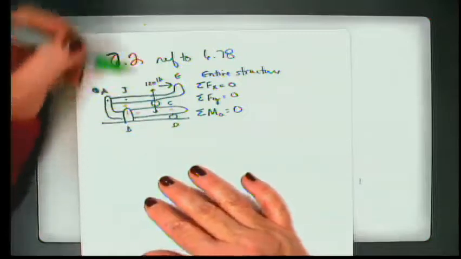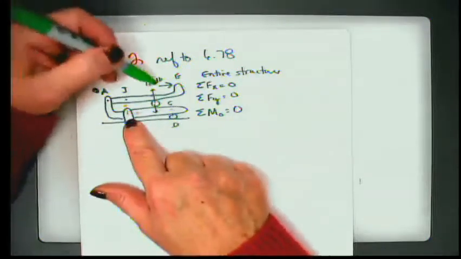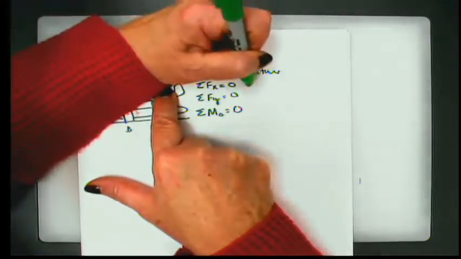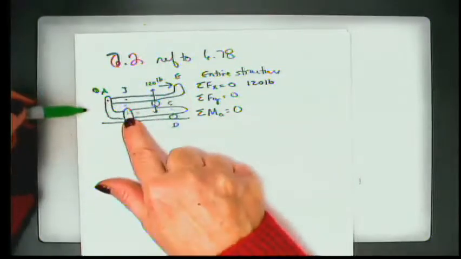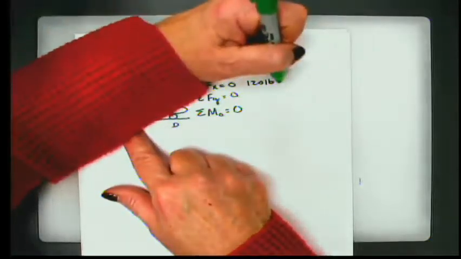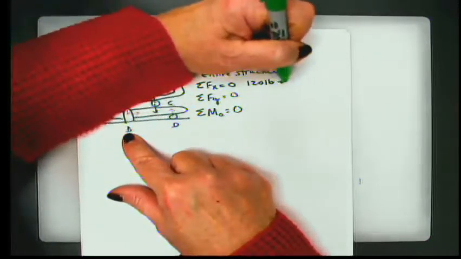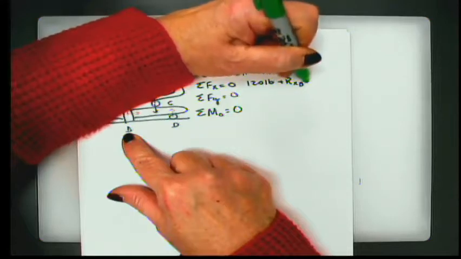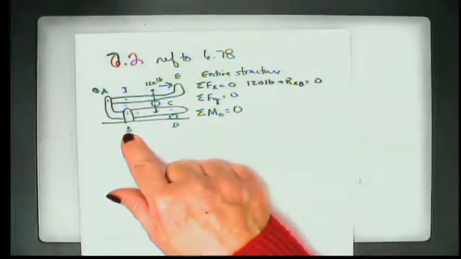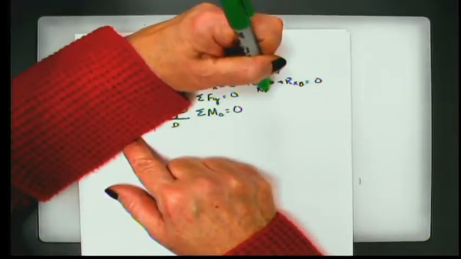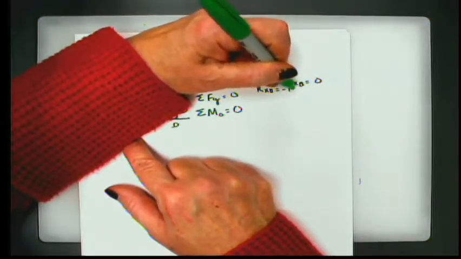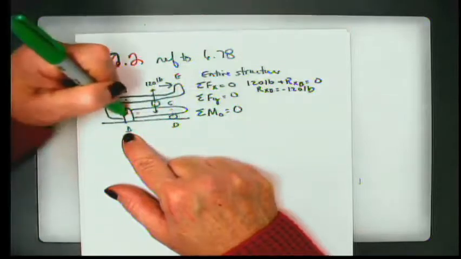So in terms of summation of forces in X, I have this 120-pound force acting at E, and the only thing that's going to oppose that is my reaction in the X direction at point B. Those two things have to sum to 0, which means that my reaction at point B in the X direction is negative 120 pounds.